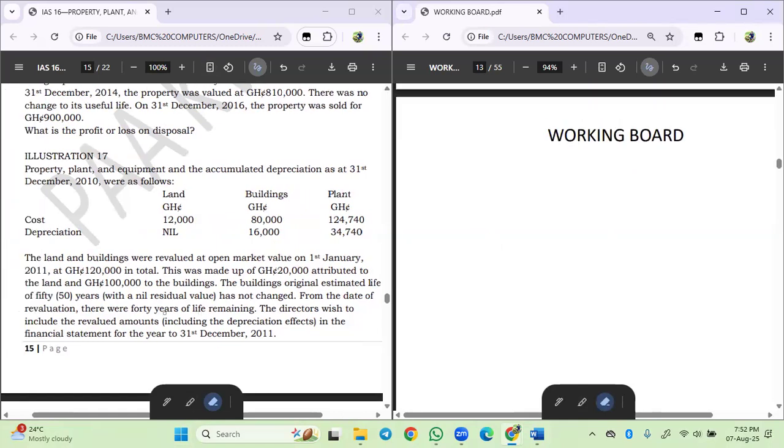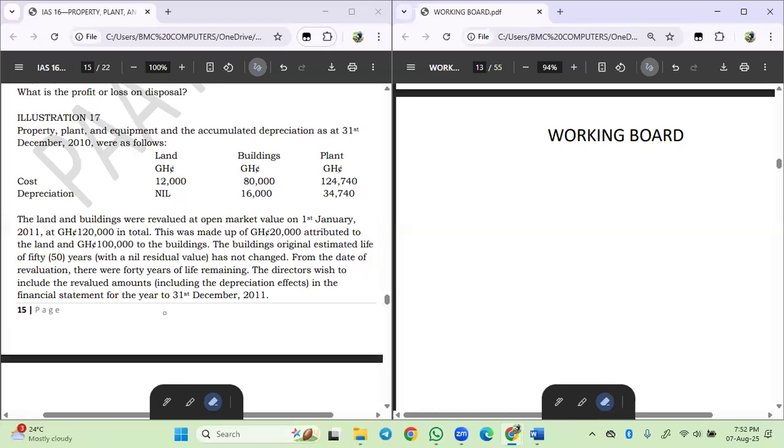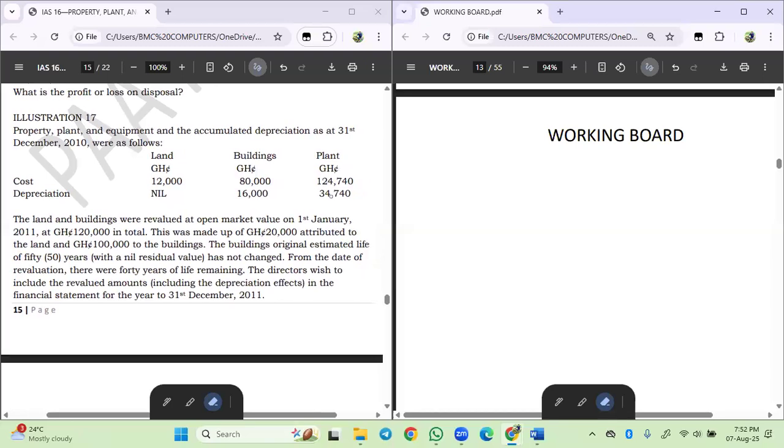of 50 years with a nil residual value has not changed. From the date of revaluation, there were 40 years of life remaining. The directors wish to include the revalued amount, including the depreciation effect, in the financial statement for the year to 31st December 2011.